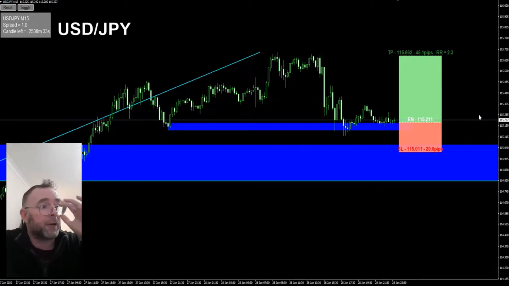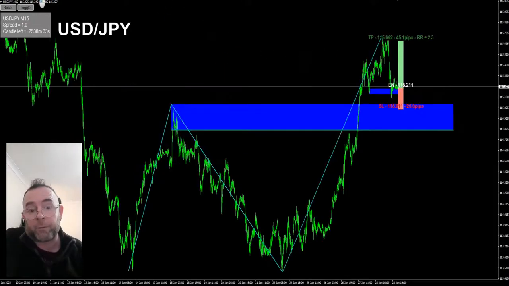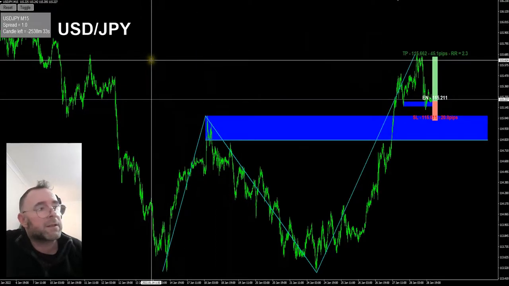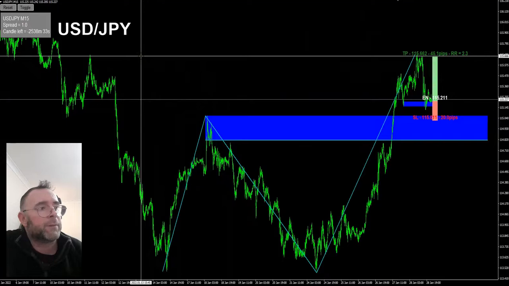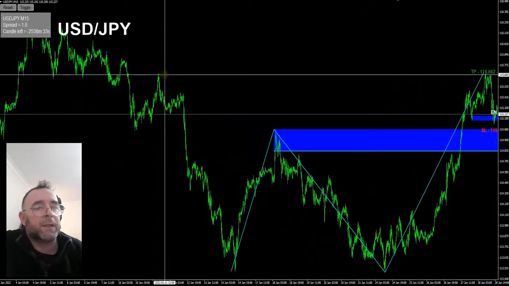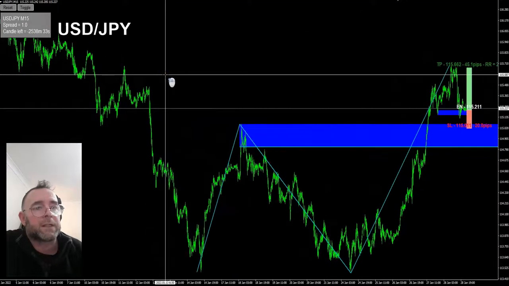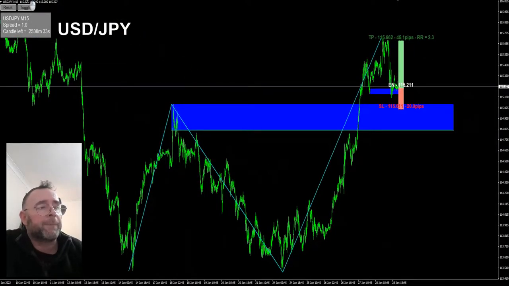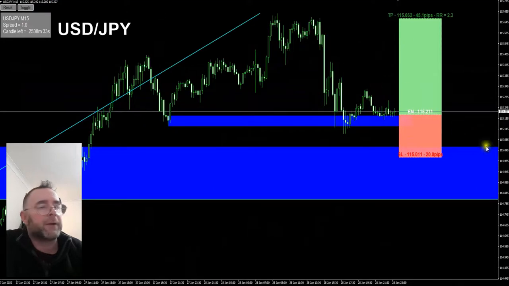So just over a 2-to-1 risk reward ratio. Personally, it's nicer to have bigger rewards, and in all honesty, you'll see here that this high here, if we were to come back to this high, it would be quite a significant area where we might want to take profit. So we're risking 20 pips to make 45.